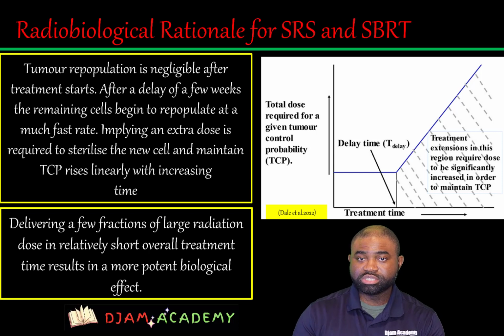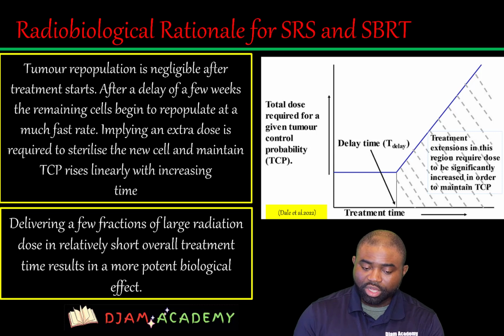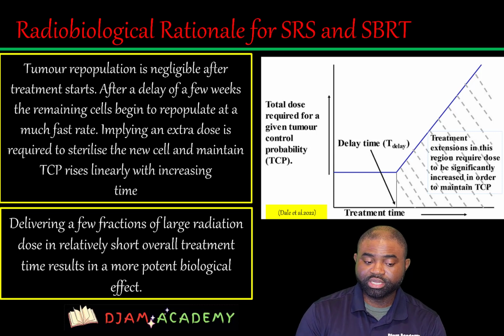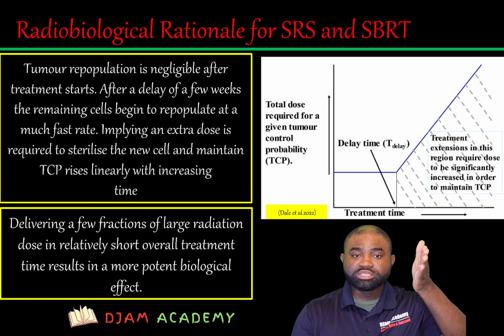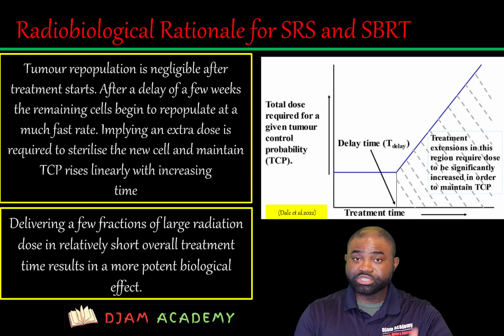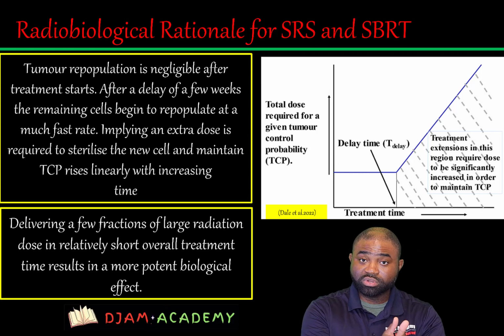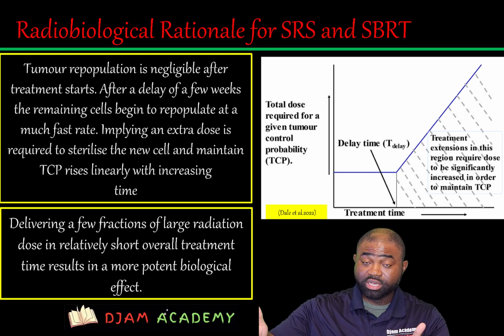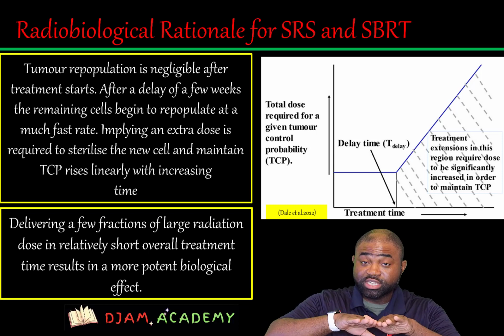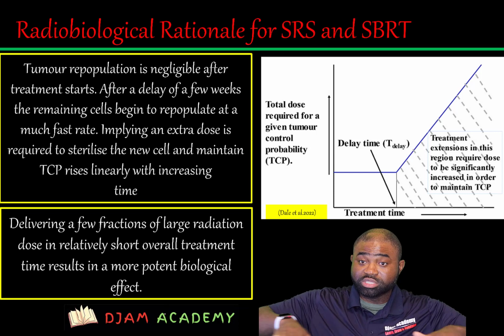Several studies from animal and tissue cultures have demonstrated that from the time cells are first irradiated to about 3 weeks out, the tumor repopulation remains relatively zero or constant.